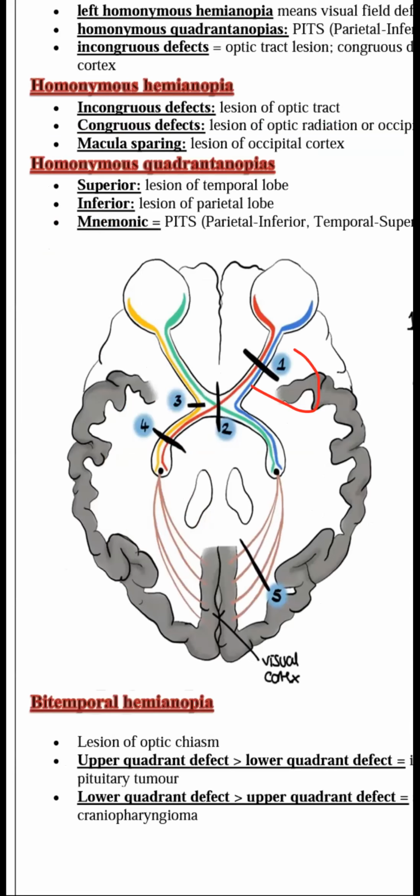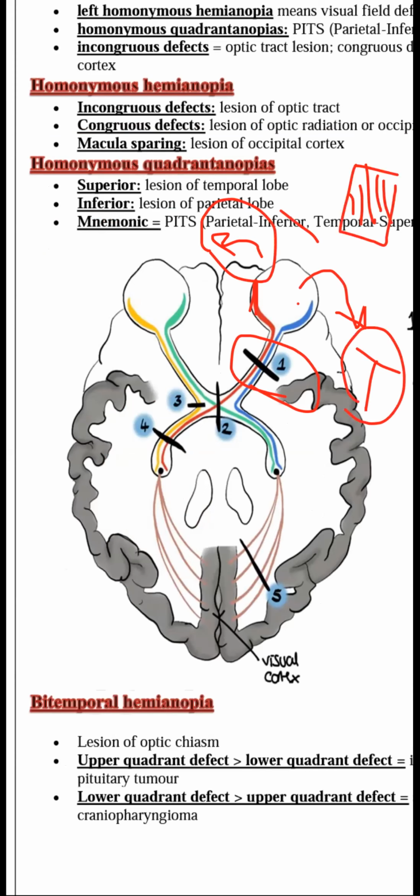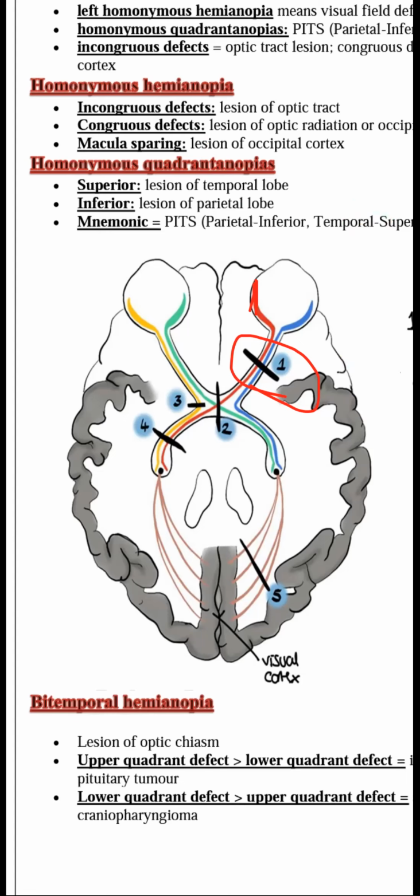These fibers are called the nasal fiber, going towards the nose, and this fiber is called the temporal fiber, towards the temple. This nasal fiber will see the temporal view, while this temporal fiber will see the nasal view. So keep this. Each nerve is formed of temporal and nasal fibers.